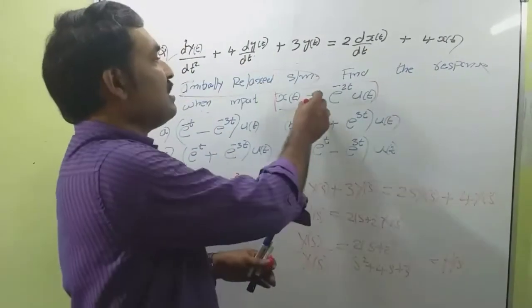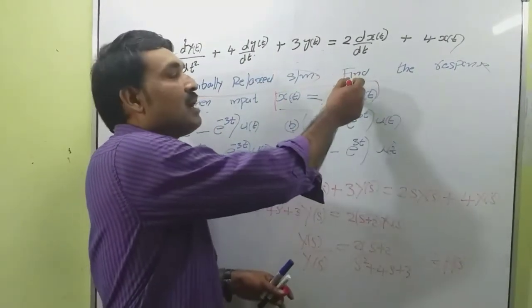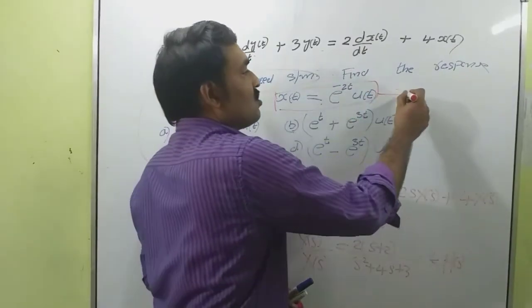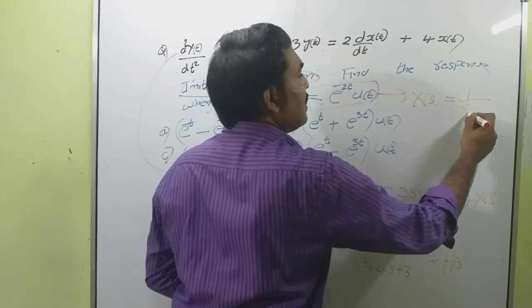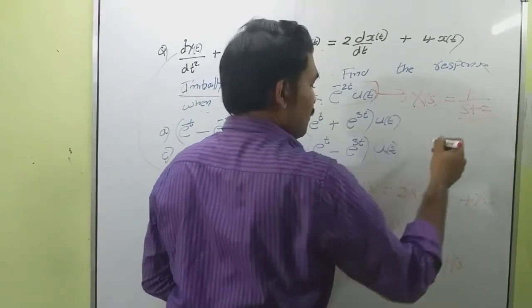Now our input is x(t) = e^(-2t) u(t). So X(s) is equal to 1 divided by s + 2.